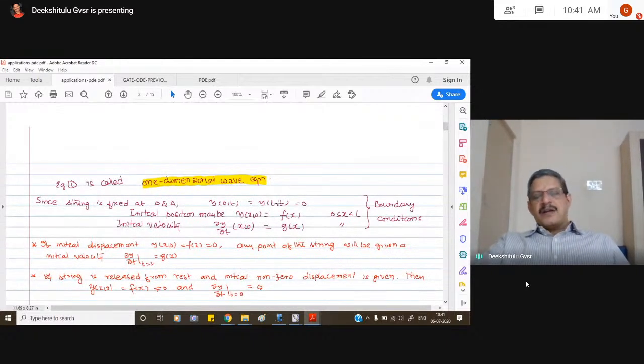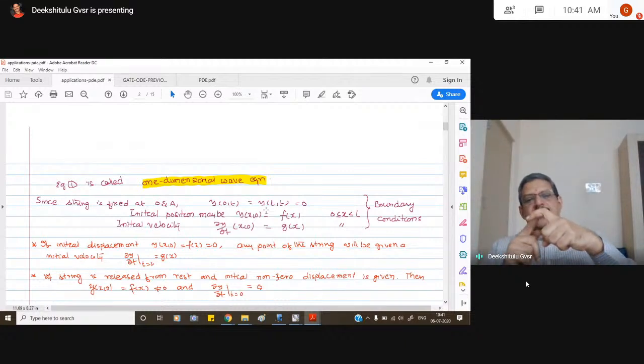Initial means, in all applications, in the mathematical sense, when we say t is initial, it means that t is equal to 0. So when t is equal to 0, y of x is equal to the displacement, we call it f of x.